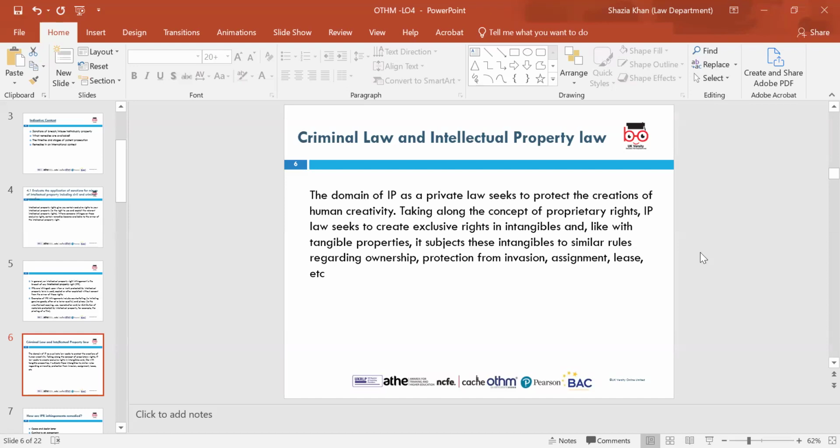Harm can be caused to the interests of the individual intellectual property holder, so the person that actually has the intellectual property, to potential buyers or to societal health and safety. Such harm cannot be addressed merely by application of civil remedies, since it fails to invoke the necessary deterrents towards such acts.